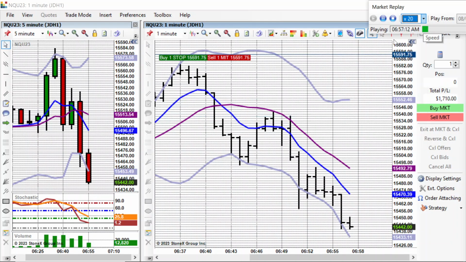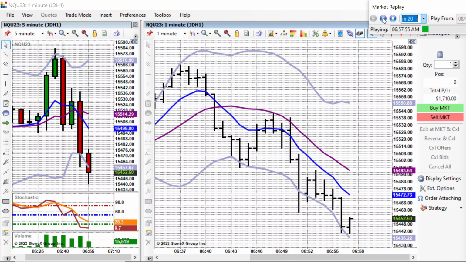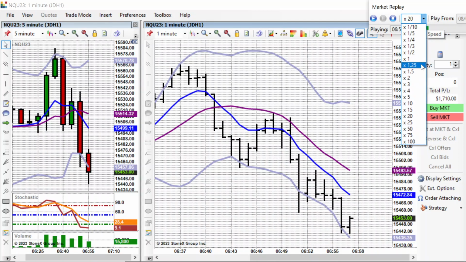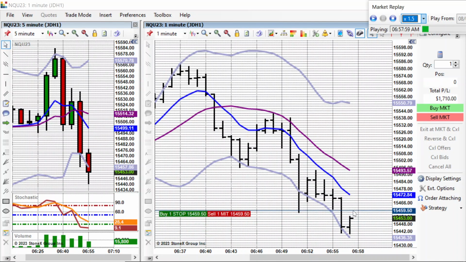Let's try to speed that up a little bit. I'm just waiting until I get a reversal close here, like that. So I'll put it back to normal speed here. When I see this close start to reverse, and it's in a steep trend, I'm going to try to get in on that first close.